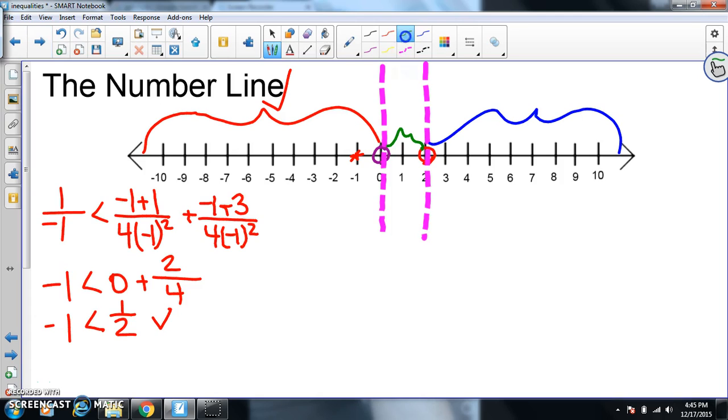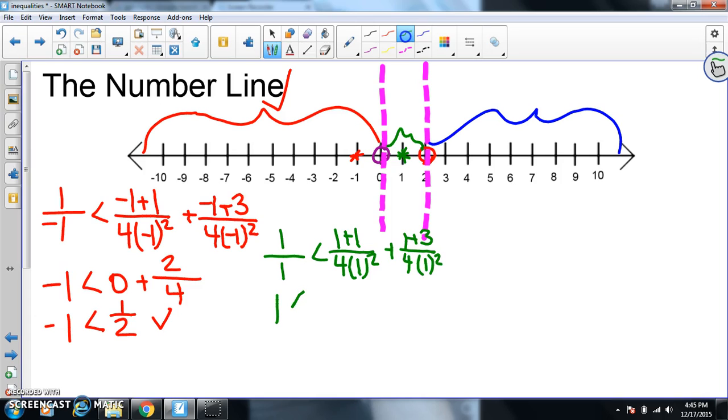We then have to plug in a value from the green section. I'm going to pick 1. So now I have 1 divided by 1 is less than (1 plus 1) over 4 times 1 squared plus (1 plus 3) over 4 times 1 squared.